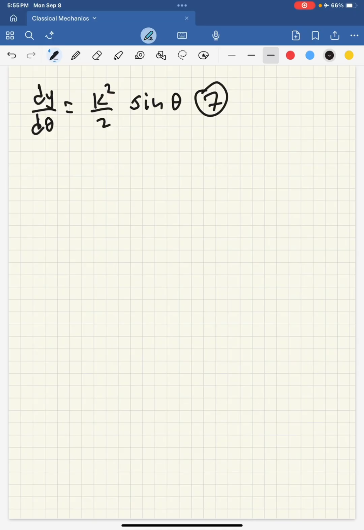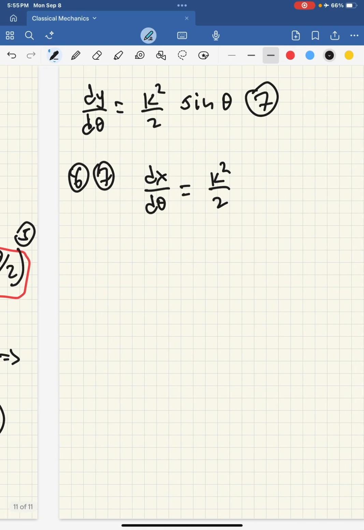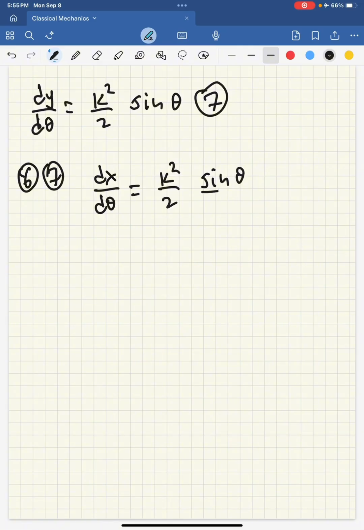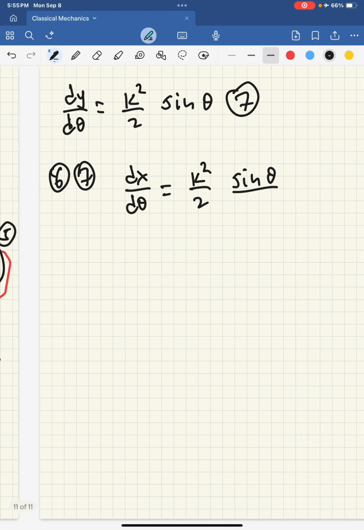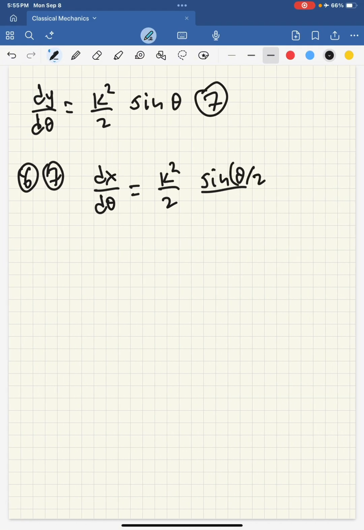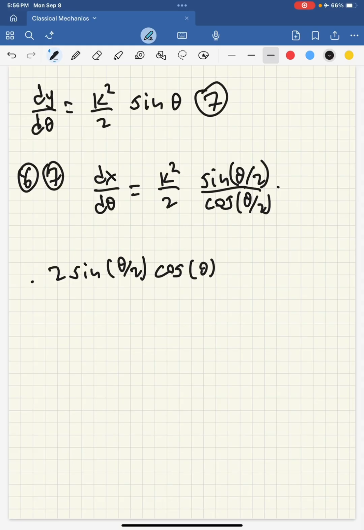See, algebra gets confused, guys. So anyway, from equations 6 and 7, we find that dx over d theta is k squared over 2 times sine theta over 2 over cosine theta over 2 times 2 sine theta over 2 cosine theta over 2.